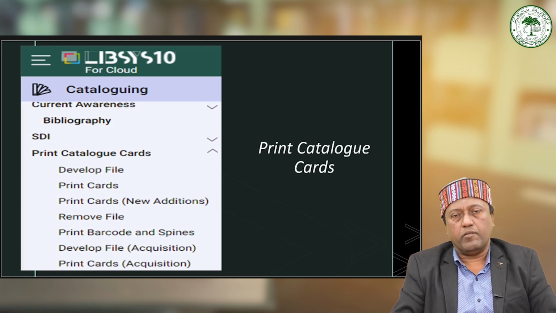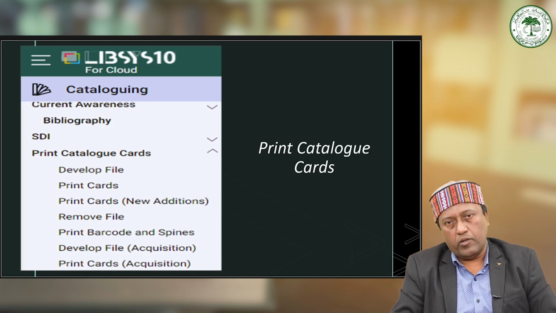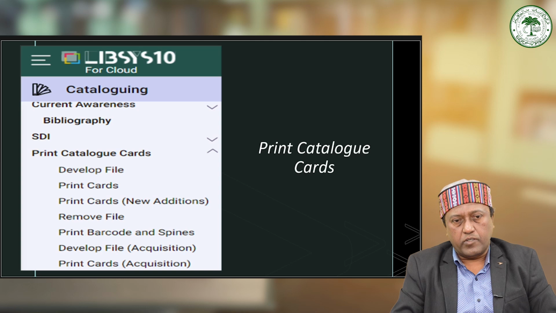Once you have the barcode and a handheld scanner, you can scan it, and it will be easy for you to verify your stock also. So it is not only for issue and return, but also for verification of the stock. This software gives you the option to generate the barcode for the documents, and accordingly you can develop the file and print the cards. That is a straightaway option here.